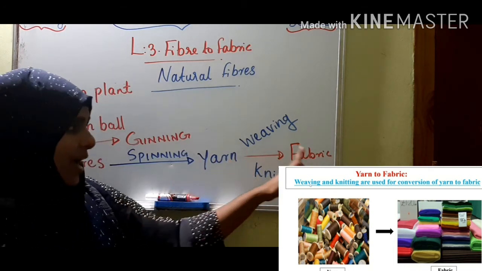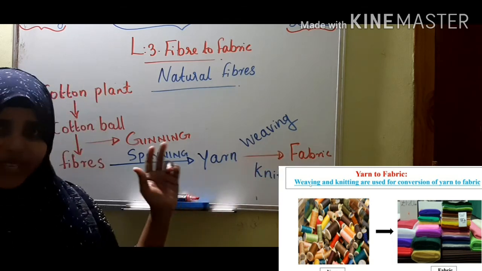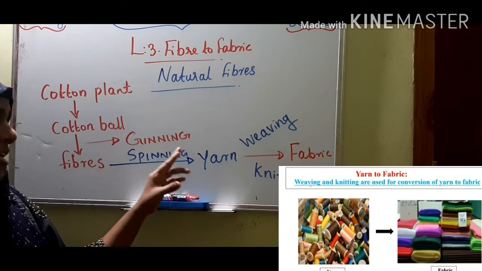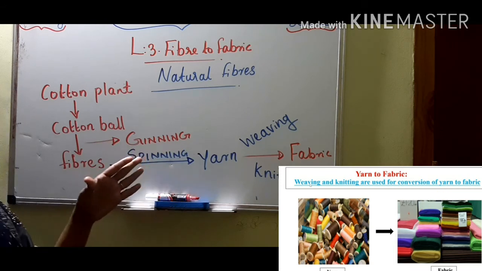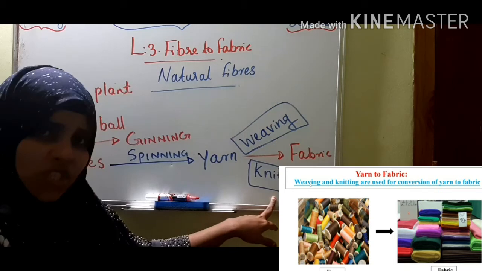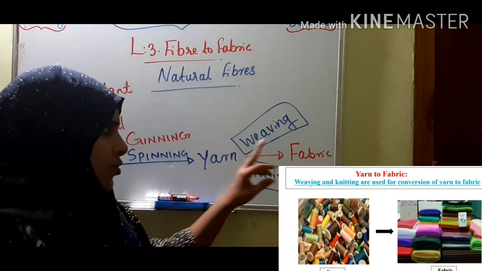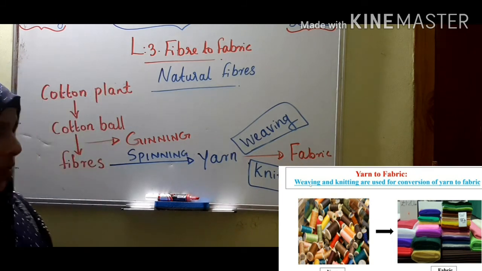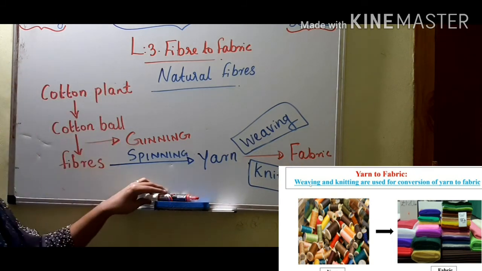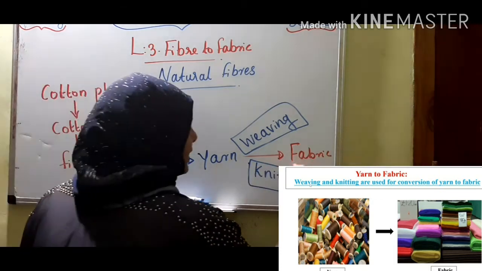What is weaving, children? In the weaving process, two sets of strands are packed horizontally and vertically. But in the knitting process, we use only one set of yarn to make fabric. Clear all of you?